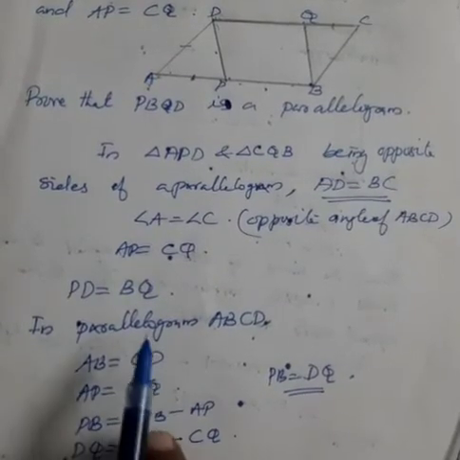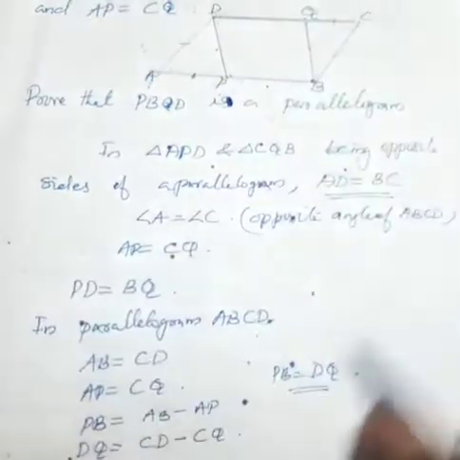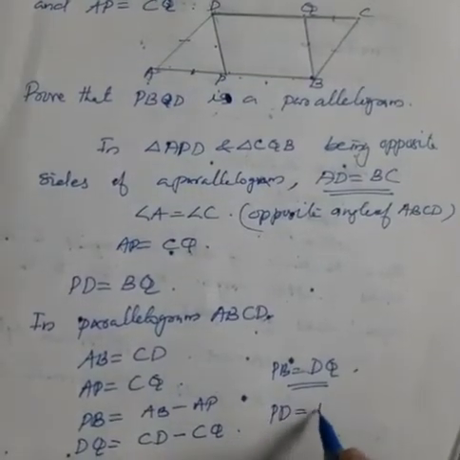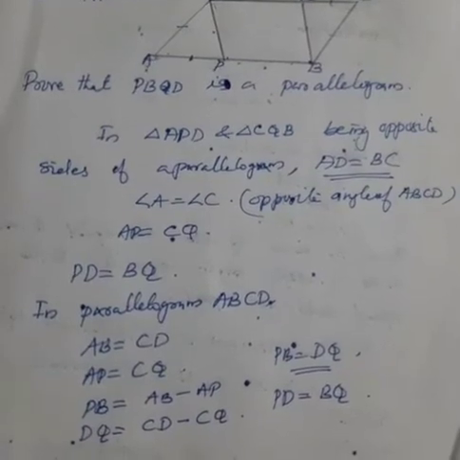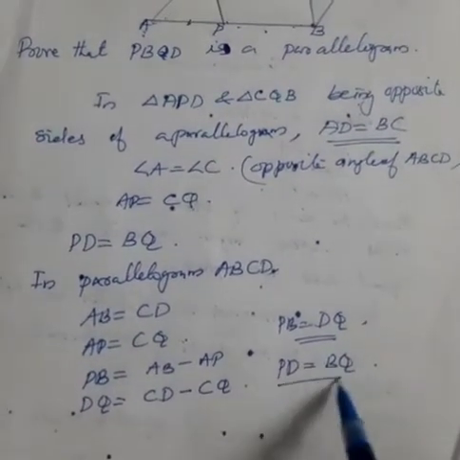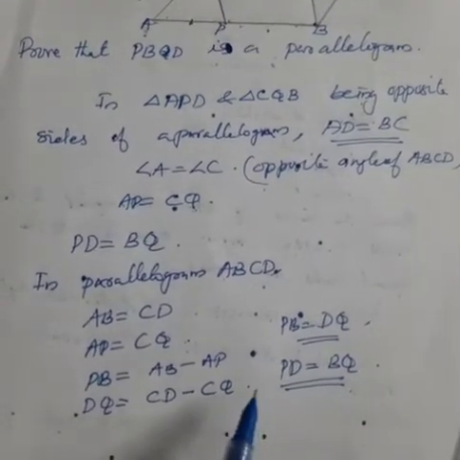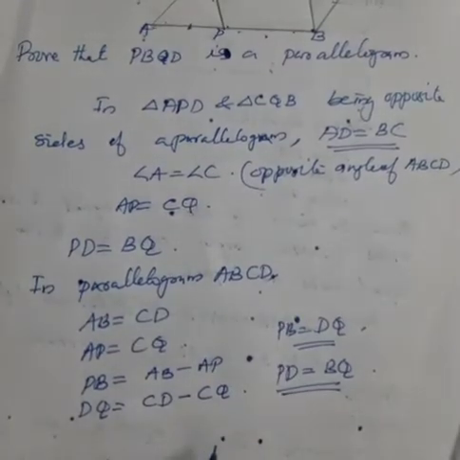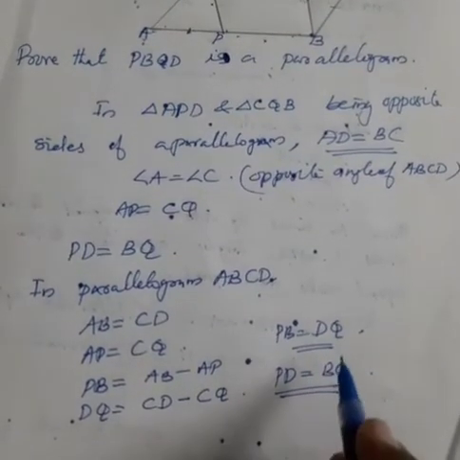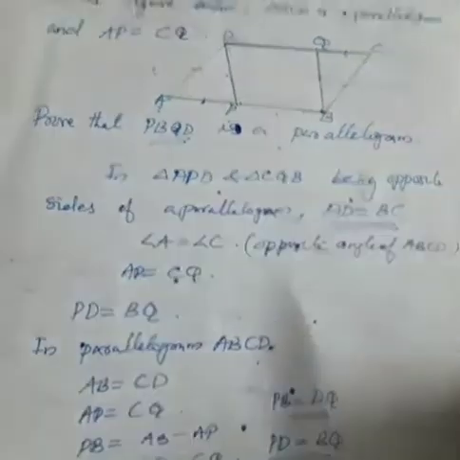Then you already found out PD is equal to BQ also. So that is two pairs of opposite sides of a quadrilateral are equal. Therefore you can write, which is that parallelogram? This is a parallelogram.